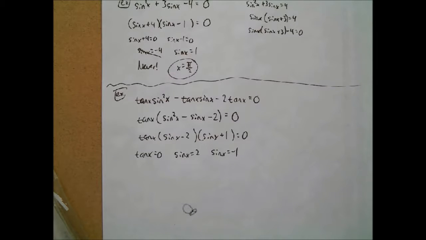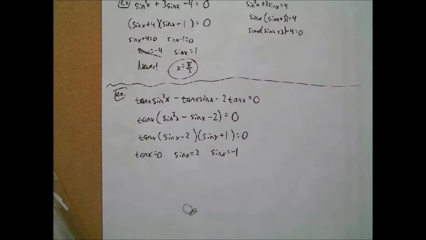So let's see here. Caitlin, do you remember when tangent of x equals 0? Think about tangent in terms of sine divided by cosine, right? So if we think about tangent as being sine divided by cosine, tangent will be 0 when sine is 0, because that will give your numerator 0, and that will make the whole thing 0.